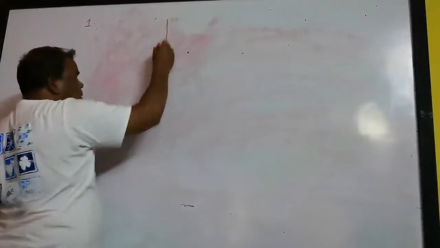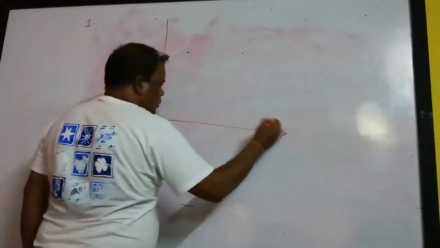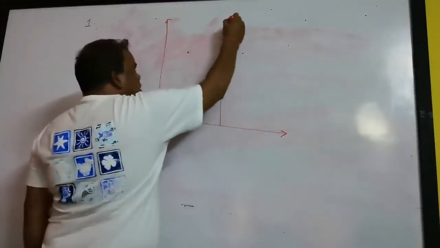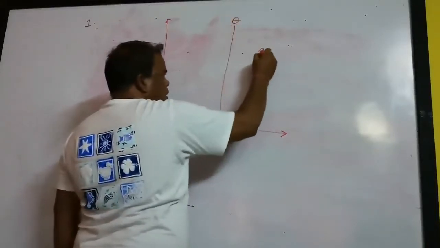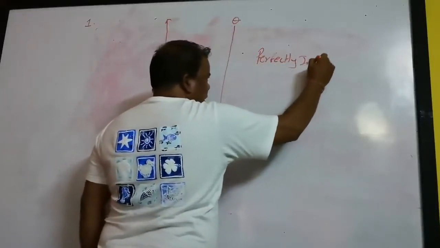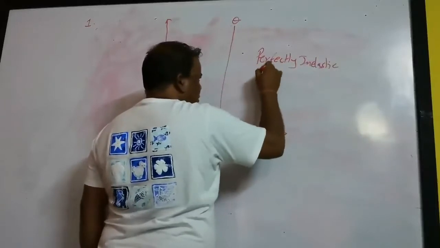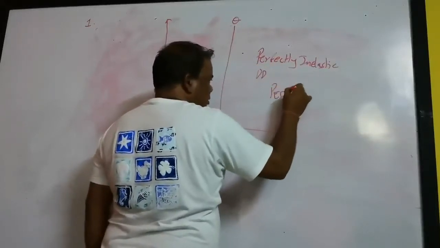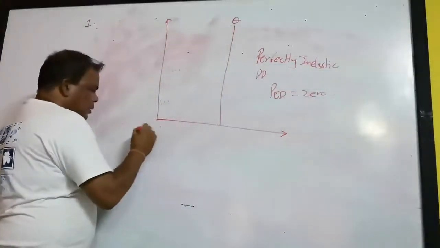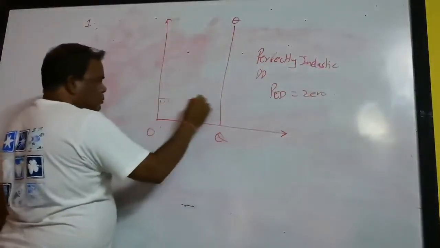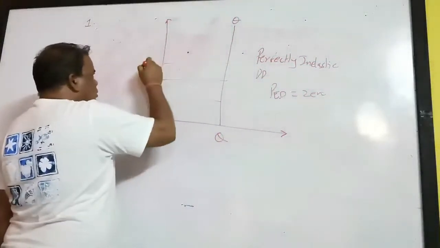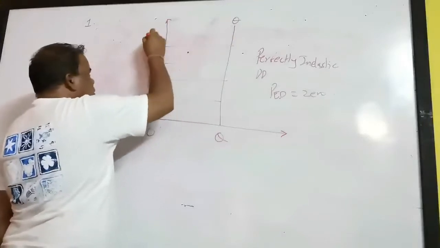The first one, here we are. This one, the quantity demanded remains fixed. This is perfectly inelastic demand. Price elasticity of demand is equal to 0. Price rises from P1 to P2, P3 and so on.